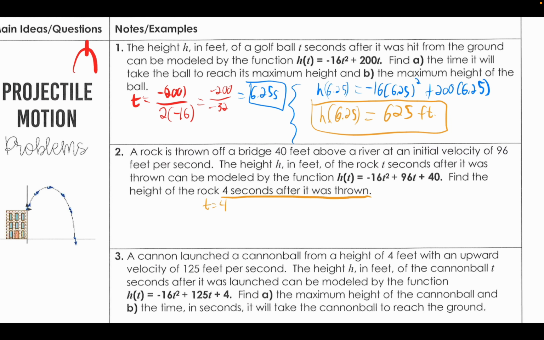So all we have to do is plug in 4 for t. And so h of 4 is equal to negative 16 times 4 quantity squared plus 96 times 4 plus 40, 40 being the initial height there, just so you know. And as we evaluate this, we end up getting it to be 168 feet.